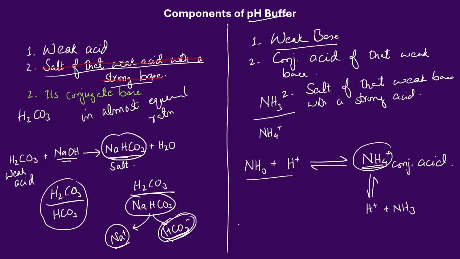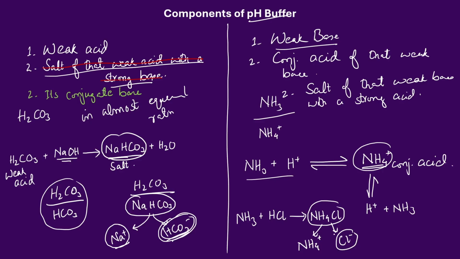What if I write it like this? NH3 plus HCl. This reaction will go to completion and form a salt, NH4Cl. Now this NH4Cl will completely dissociate in water into NH4 positive plus Cl negative. The Cl negative is not going to do anything much related to pH.